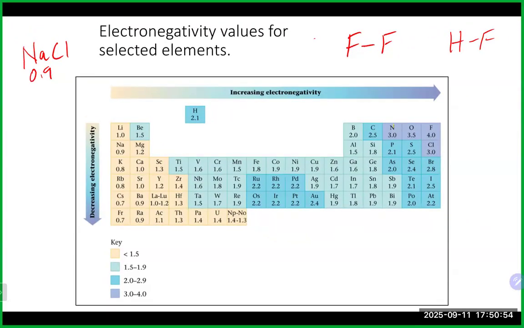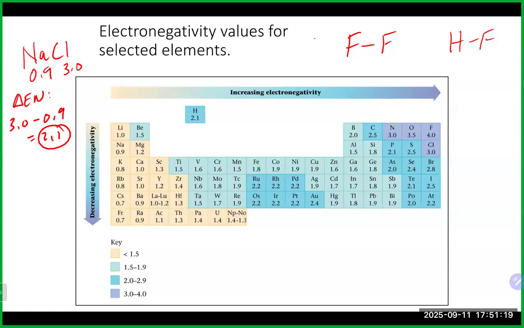For chlorine, we got 3, it looks like. To calculate the change in electronegativity, it's simply subtracting. So 3 minus 0.9 gives us 2.1. Technically speaking, that is above 2, and we expect it to be ionic. Once again, you really don't need the numbers because hopefully you can recognize sodium's a metal, chlorine's a non-metal, and it should be ionic.